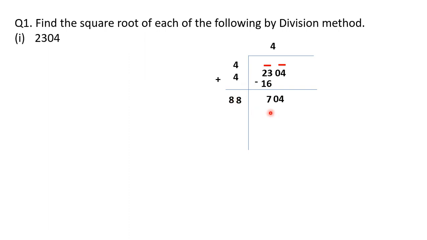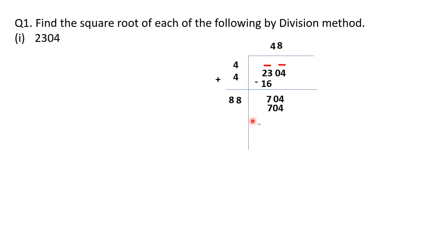So we get 164. That is much less than 704. So for the next digit we choose 8, as 8 into 8 is 64, so we get the unit digit 4. So we write 8 into 8 equals 64, 4 and carry 6. 8 eights are 64, 64 plus 6 is 70. So we get 704. This 88 multiplied by this single digit 8 gives 704.